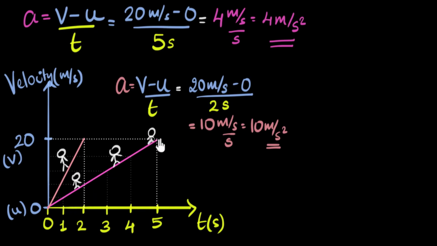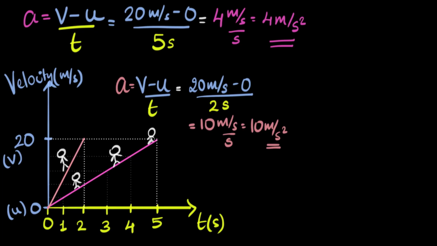Since the steepness remains the same, and the steepness represents acceleration, we can also say that the acceleration of that cheetah is a constant, meaning the cheetah is gaining velocity, its velocity is changing, but its acceleration does not change with time. It means every second it will gain 4 meters per second of velocity, constant acceleration. Similarly, even for the deer, it's a constant acceleration.